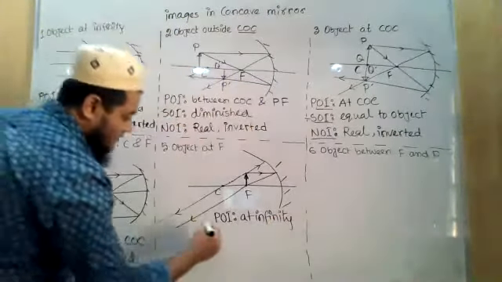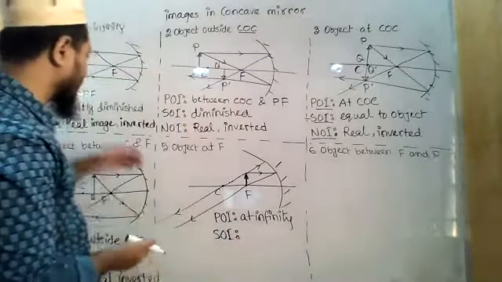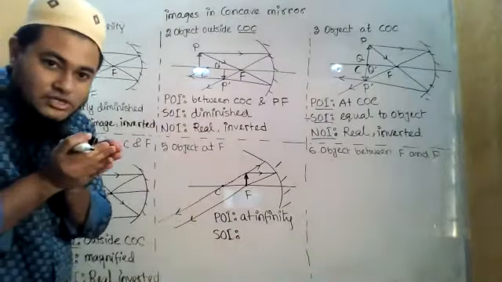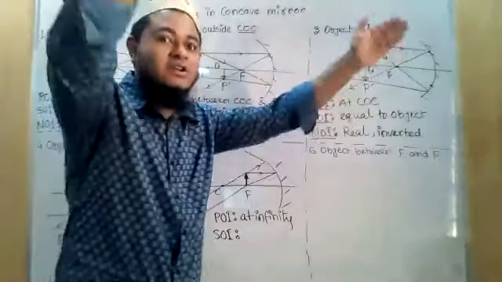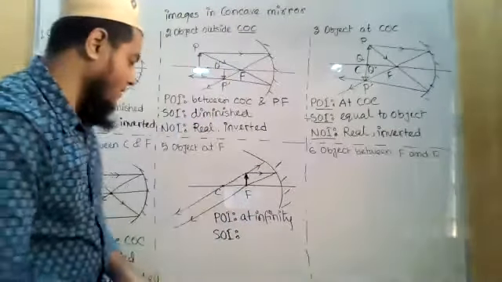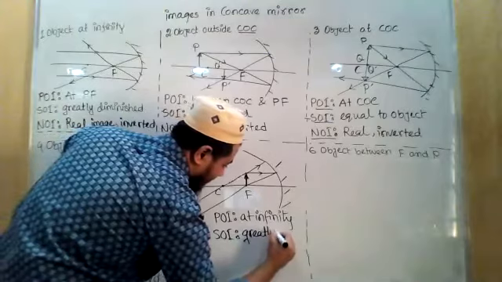Then about the size of the image, see, প্রথমে ছিল greatly diminished, then equal, then magnified, now greatly magnified. ঠিক আছে? So it is going to be greatly magnified.